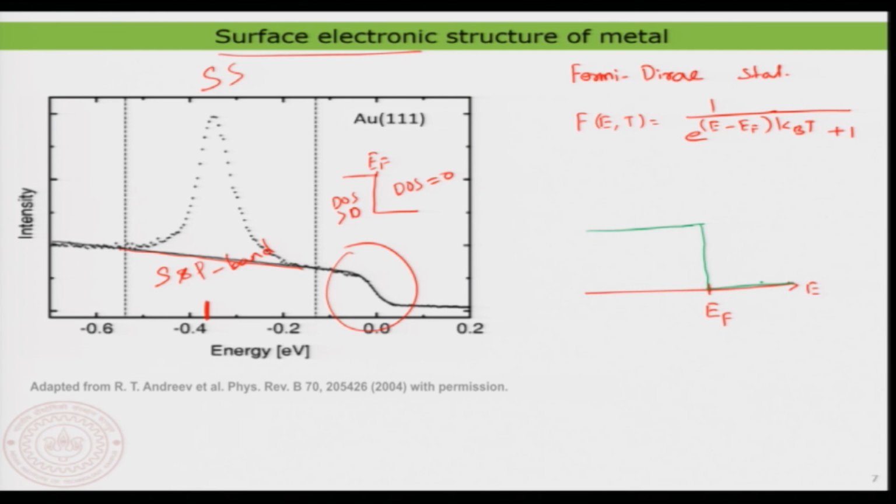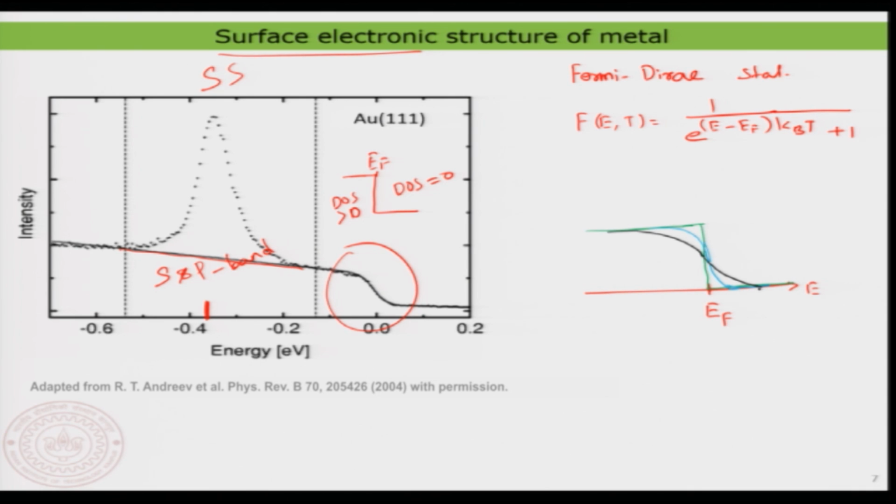But as soon as you have a temperature dependence, when the temperature is increasing, there is a smearing out of the function, and the function would start to appear like this. If you increase the temperature further, the function would smear out much bigger, and there will be an appearance like that.